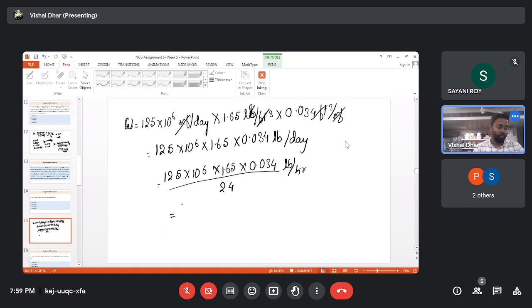So if we calculate this, it will be 2921187.5, equal to 2.9 into 10 to the power 5 lb per hour.